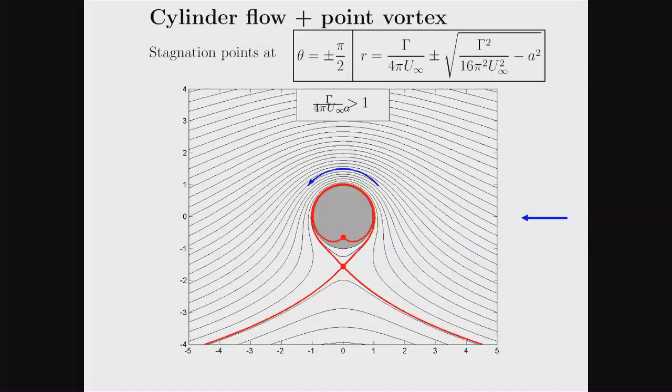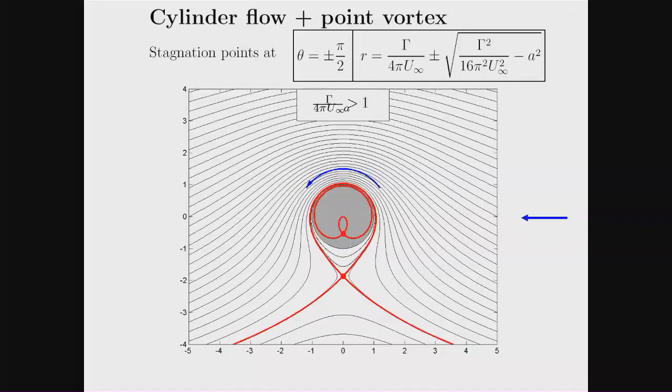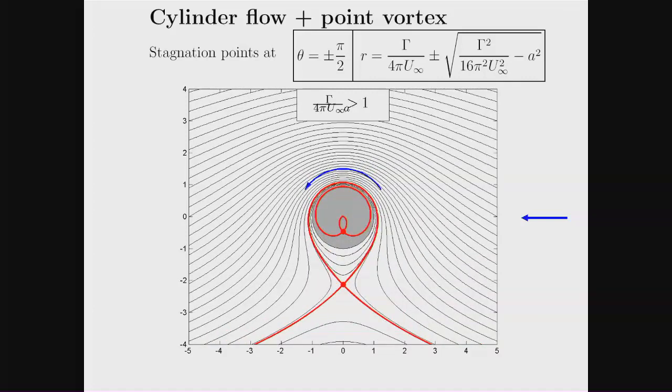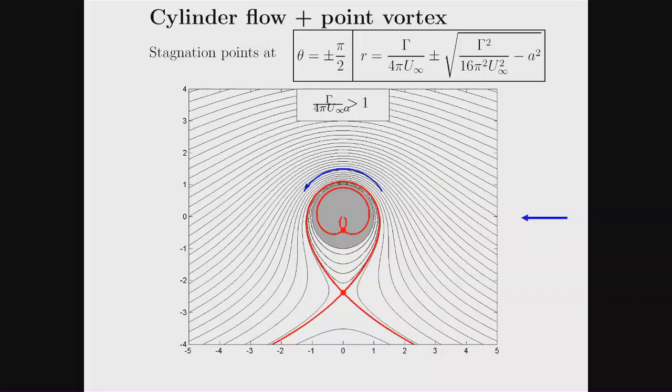And when your parameter is greater than 1, theta is going to be located at pi over 2, and the radial location of these stagnation points would change. Your stagnation point will be moving further away from the surface of your cylinder.